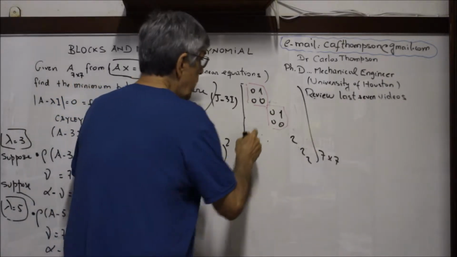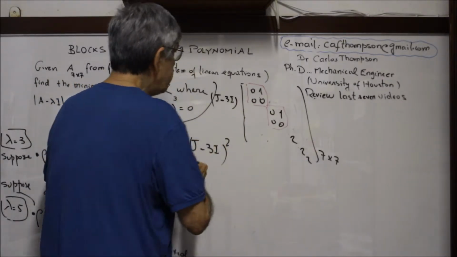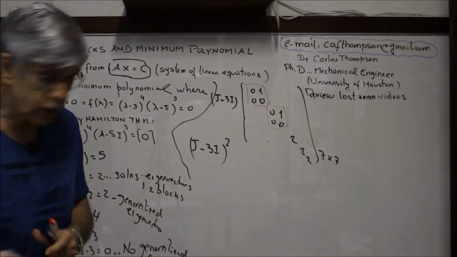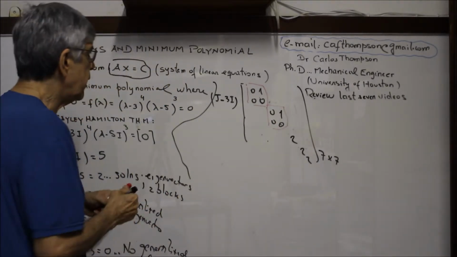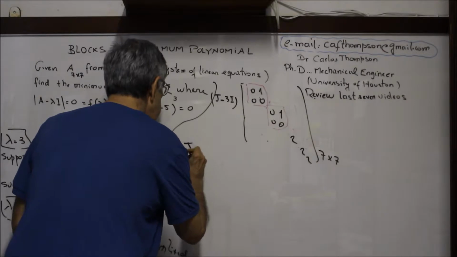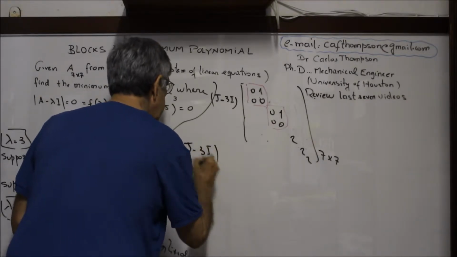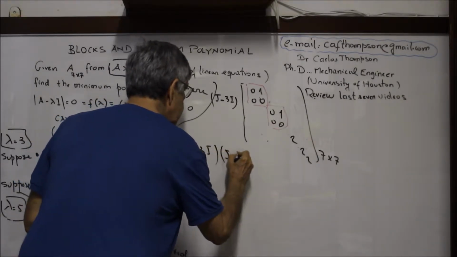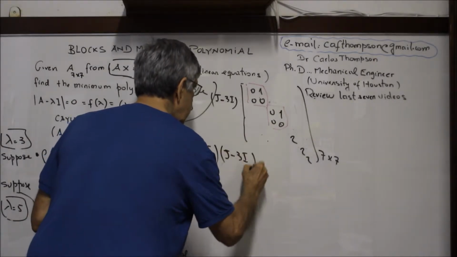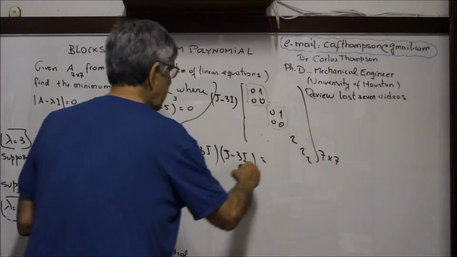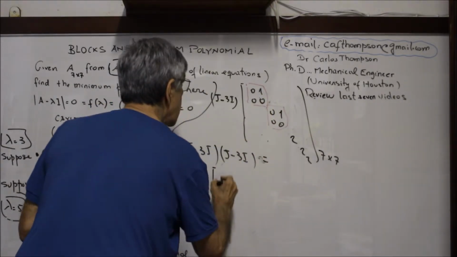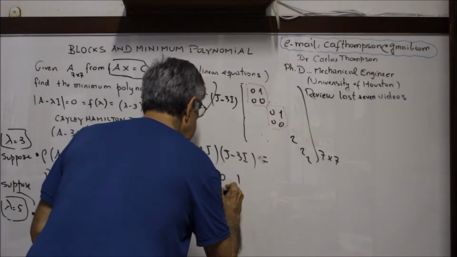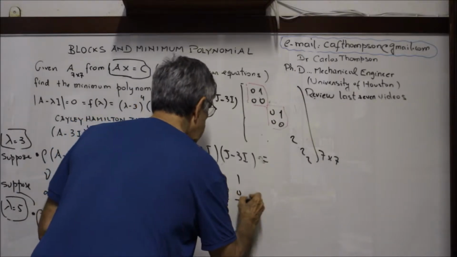Now, look. If I square J minus 3I, I'll repeat this: J minus 3I times J minus 3I. I have this matrix here, look, 0, 1, 0, 0. That's my block.